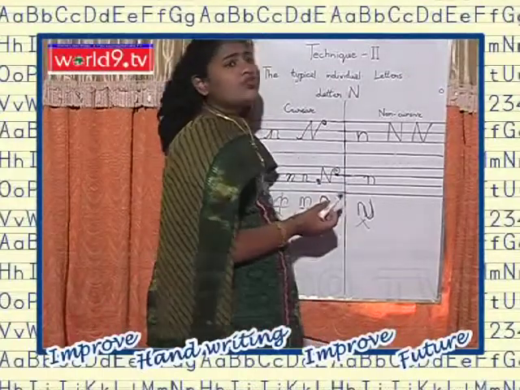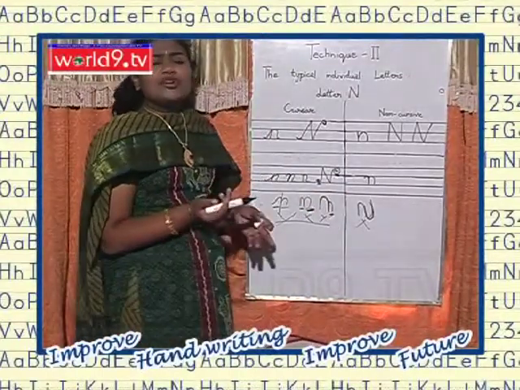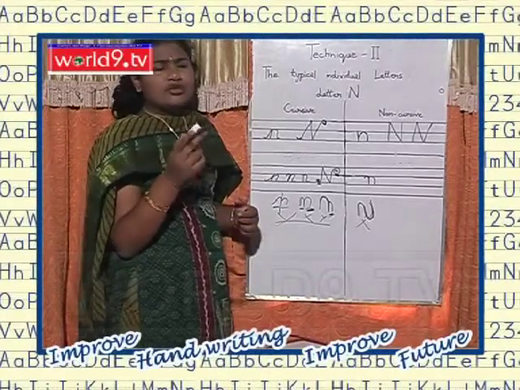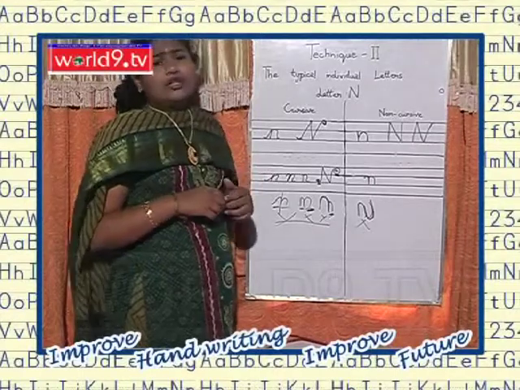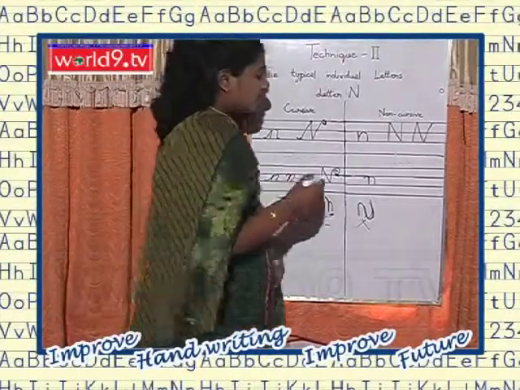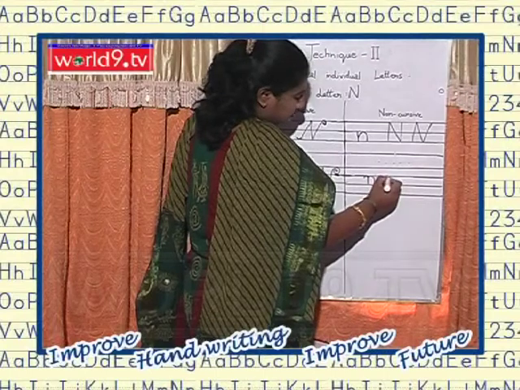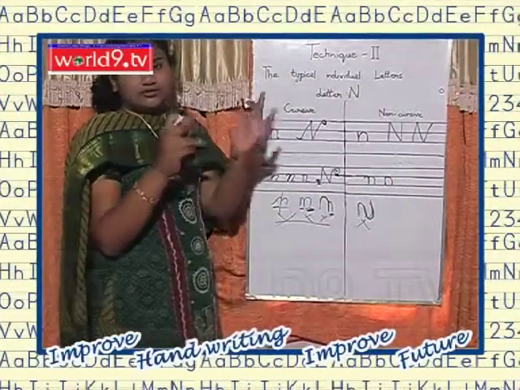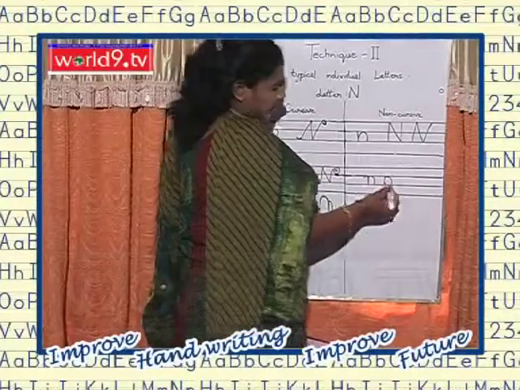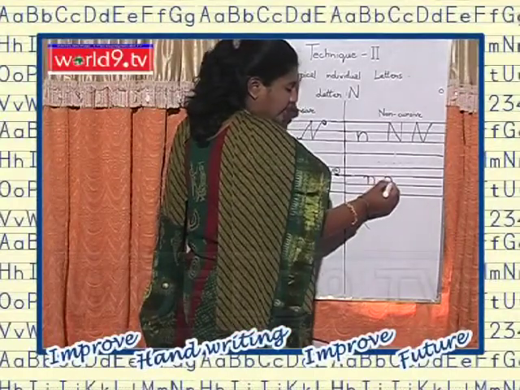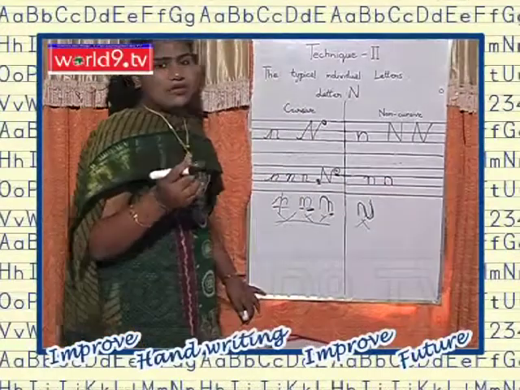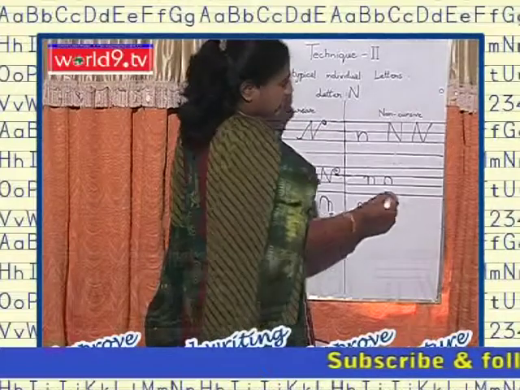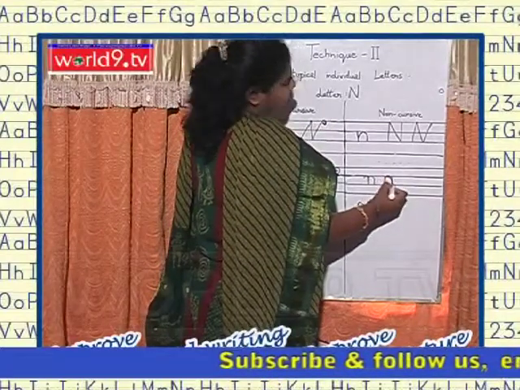And in some computers and printers, the older computers or printers, the N comes like this, only an arch-shaped area. If you want to write in the old stylish computer or printer style, it is only an arch-shaped area.